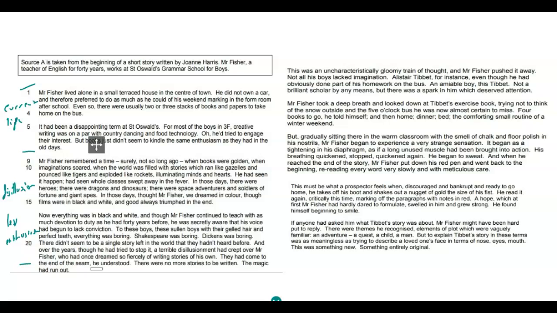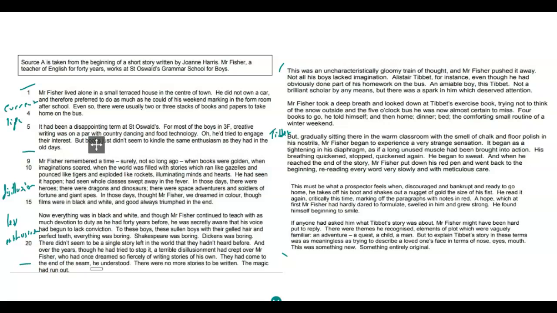So that would probably be my section 2. Then section 3 would probably be this whole second part. This is all about Tibbott's work and the effects that it has on Mr. Fisher.